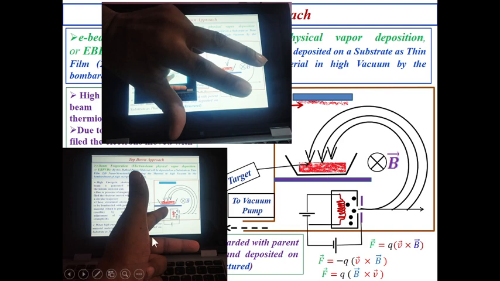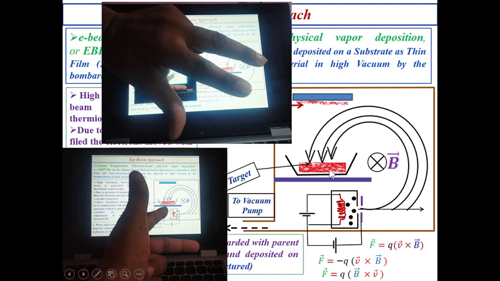This will be true only if the charge particle is positive. You got my point? If the charge particle is positive and the magnetic field is directed inward, then the trajectory will be circular in this way, and the positive charge particle will strike the target.